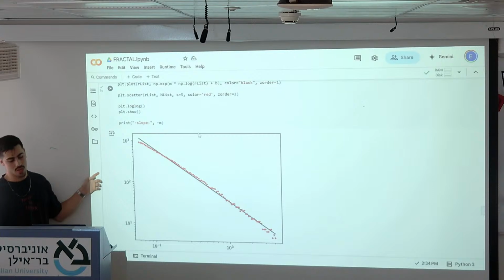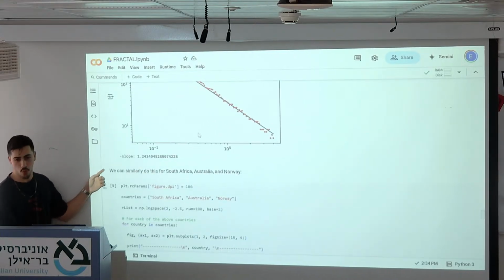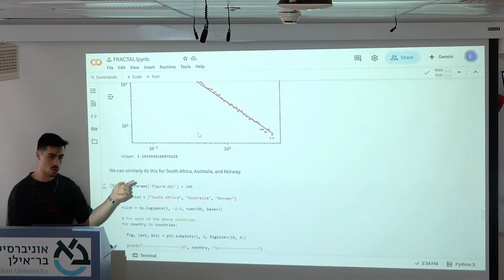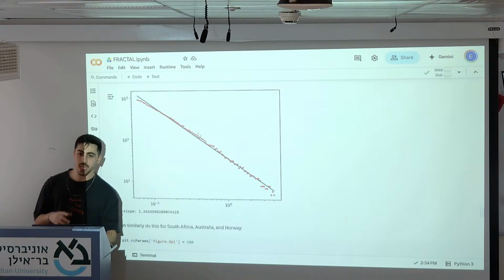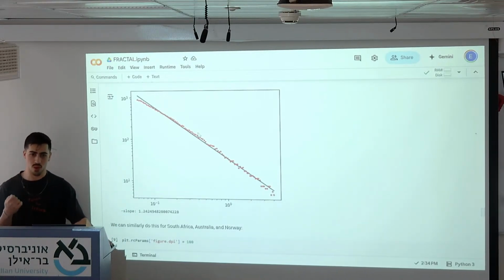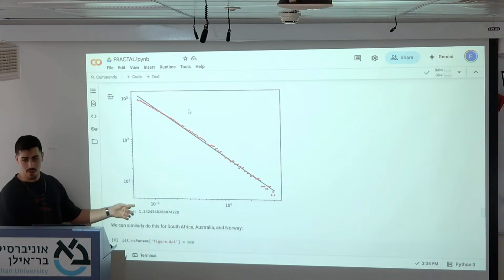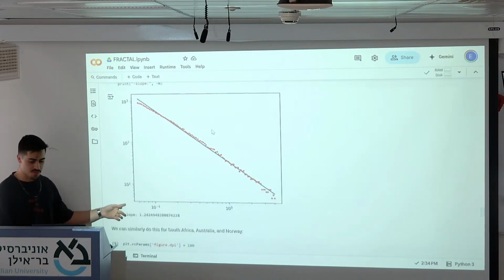And the dimension of the coastline of Britain is about 1.25. So this is a 1.25 dimensional coastline. We can see that as we make our rulers smaller and smaller, the length of the coastline doesn't scale like a normal one-dimensional shape. It scales like a 1.25 dimensional shape.